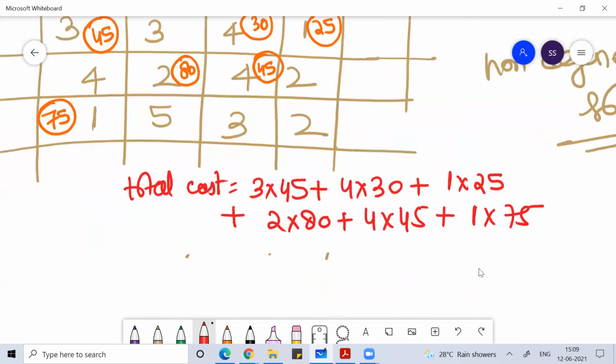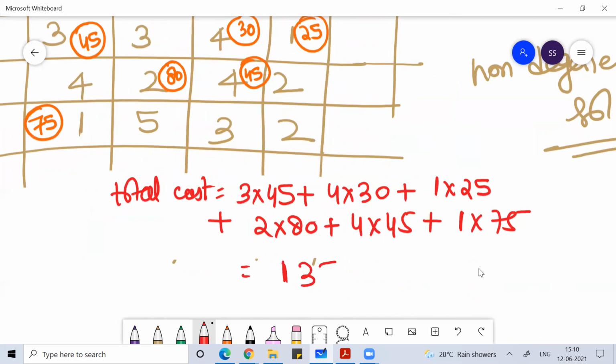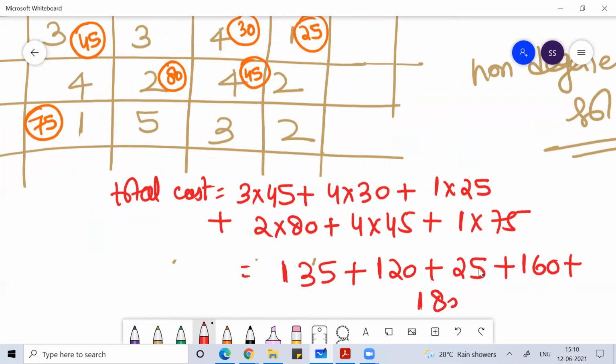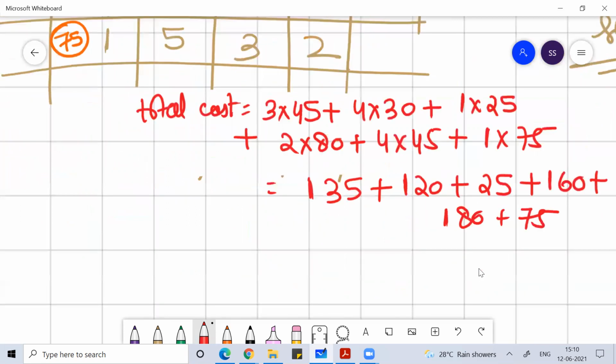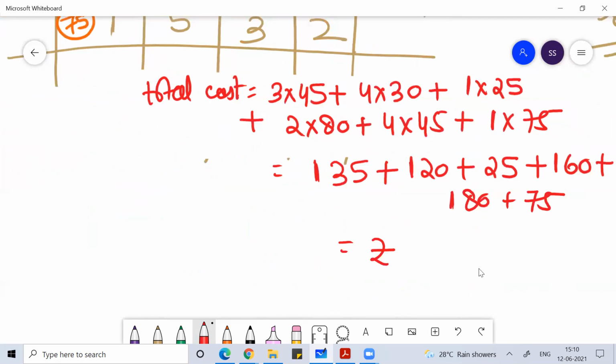So your total cost is 135 plus 120 plus 25 plus 160 plus 180 plus 75. 120 plus 180 is 300, 300 plus 100 would be 400, 400 plus 160 is 560, 560 plus 135 would be 695, if I'm not wrong.